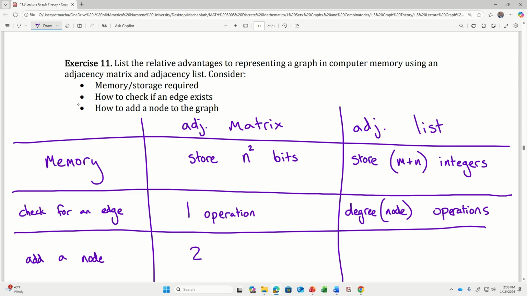I don't want to lie, but I think it's 2n plus 1 operations. And take this with a grain of salt because I'm not an expert in computer architecture, right? That's not my degree. But I'm thinking about if I just have a matrix written down, let's say it's a 3 by 3 matrix, and I want to add a node. Now I've got to expand it to a 4 by 4 matrix, which means I have to add 7 more entries, 4 across the bottom, 3 on the side. Now it's a 4 by 4 matrix.